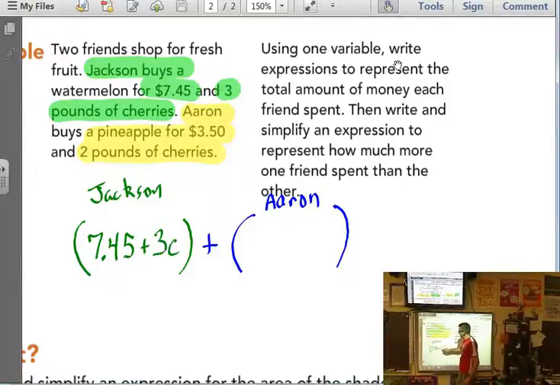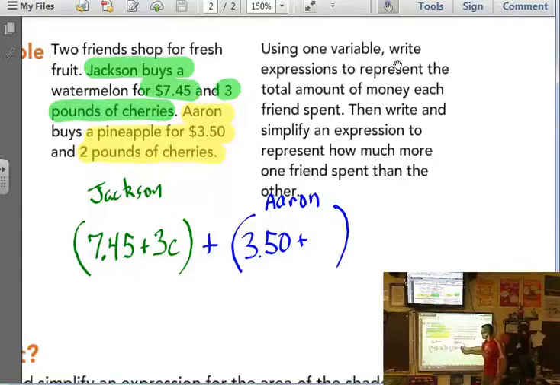We don't know what the cherries cost, so we just represent it with a variable. I don't care what variable you use. I put P for price of cherries. Sure. I put C because that makes sense. Samantha, for Aaron, what would his expression be? $3.50 plus 2C.